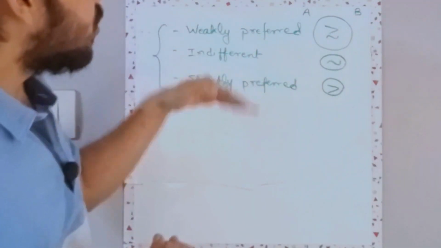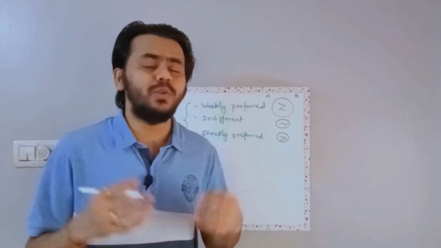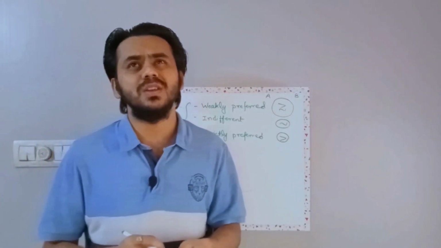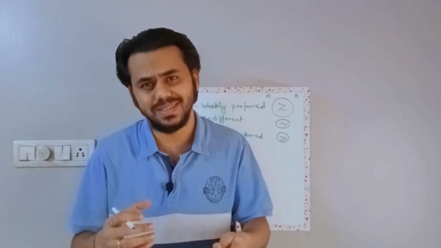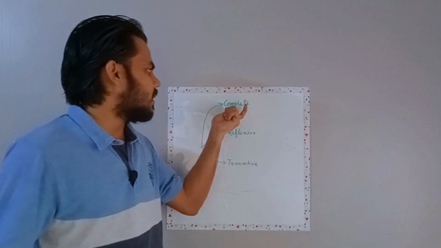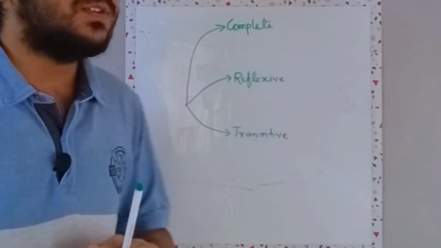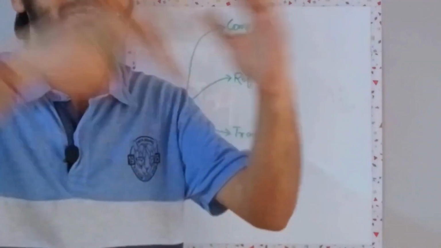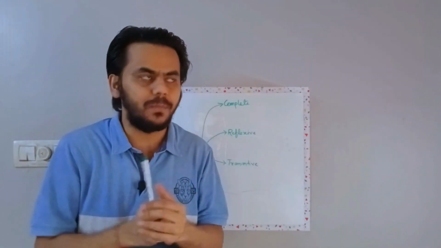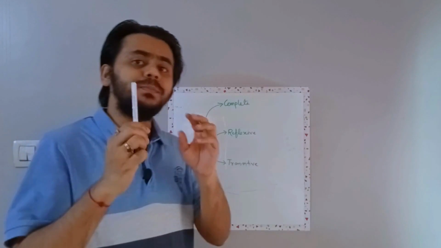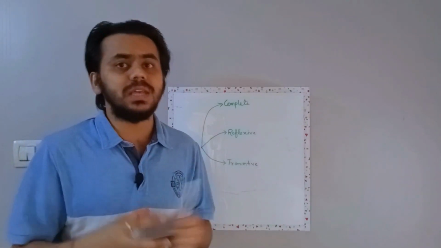Now, having understood this, let's head on to a few axioms, or assumptions, of consumer preferences. To begin with, let's start with complete. What do we mean by complete? Let us say you have a lot of consumption bundles to choose from, and you can completely rank all the consumption bundles.